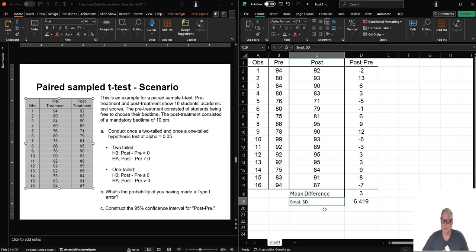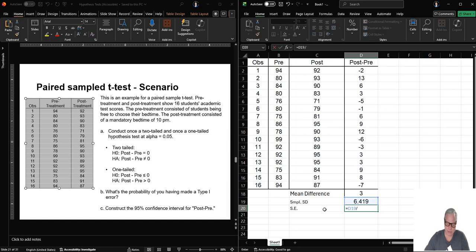We have 16 observations, so now we have to look at the sampling distribution. For that sampling distribution, we need the standard error. You know that the standard error is the sample standard deviation over the square root of n. So we have 16 observations, so technically we do the sample standard deviation divided by the square root of 16.